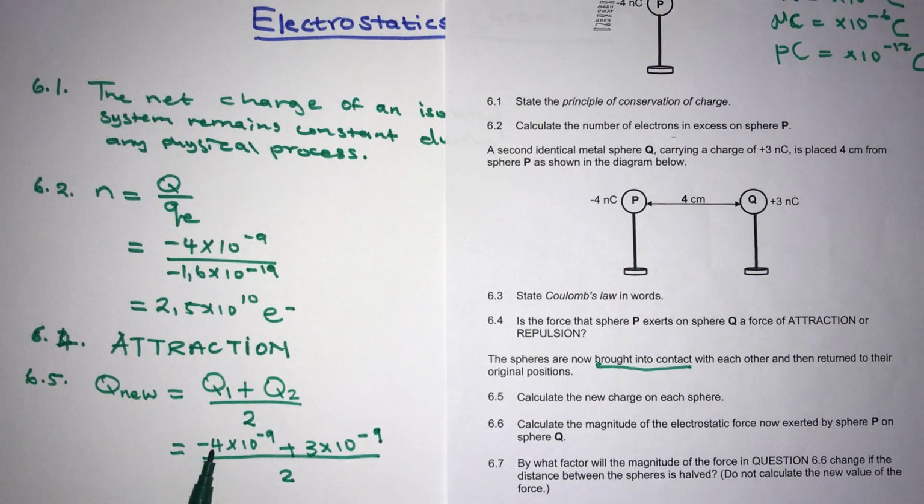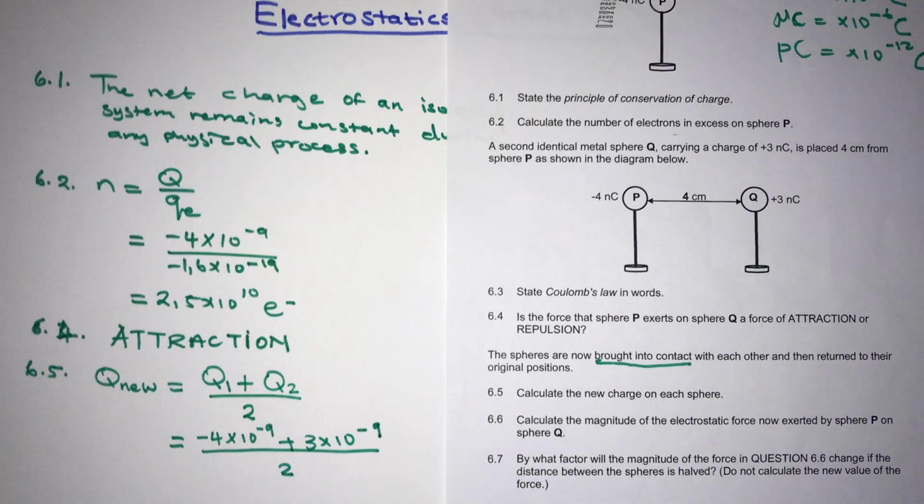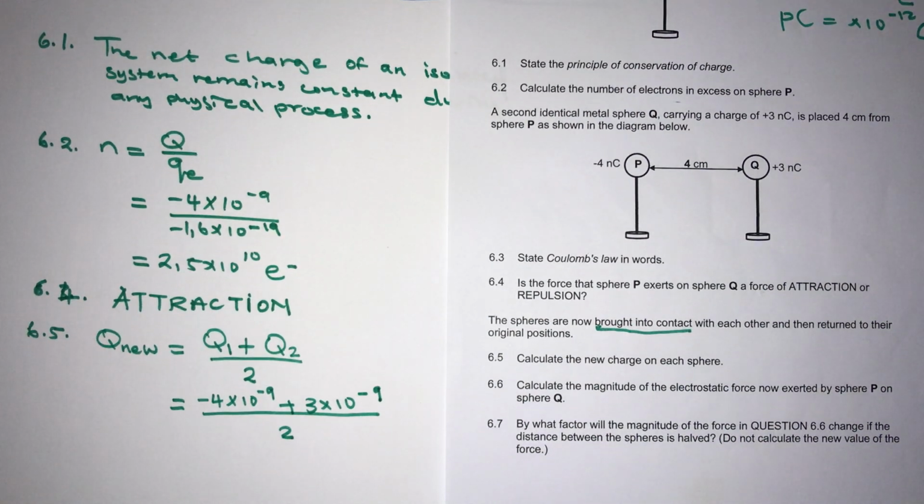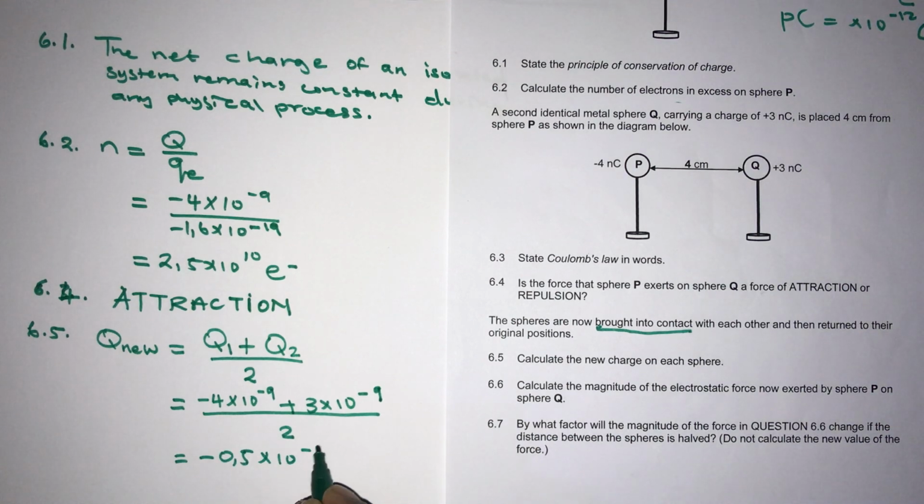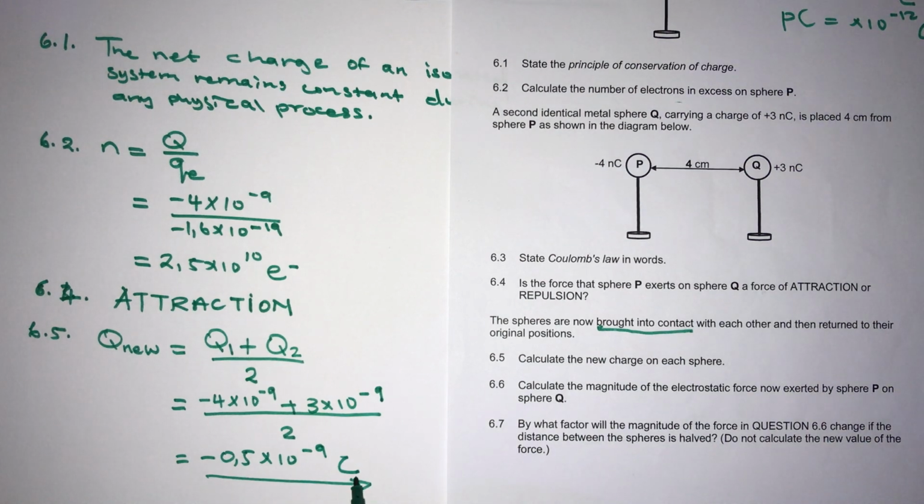Negative 4 plus 3, or 3 minus 4, is negative 1. So negative 1 divided by 2 gives us negative 0.5 times 10 to the negative 9 coulomb. This is the charge on each sphere after they were brought into contact.